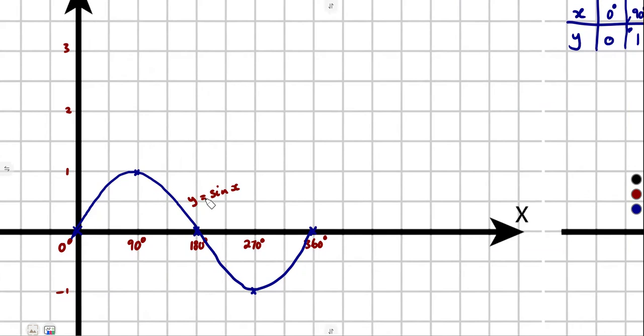But on the original graph as it is like this, it will be limited from -1 up to 1. This is what we have as our range. So you can actually say our range in that case, the y values from -1 up to 1. So y will be taken from -1 up to 1.